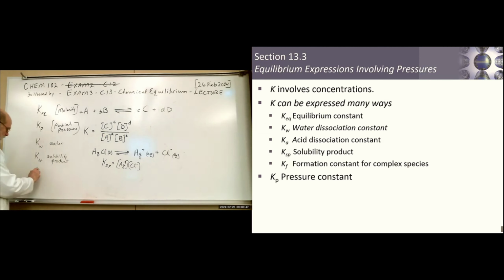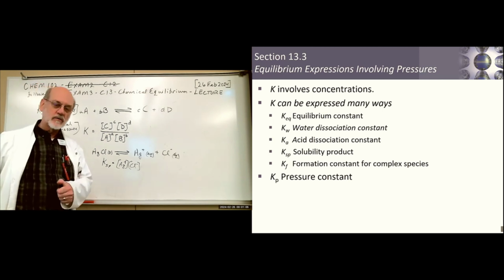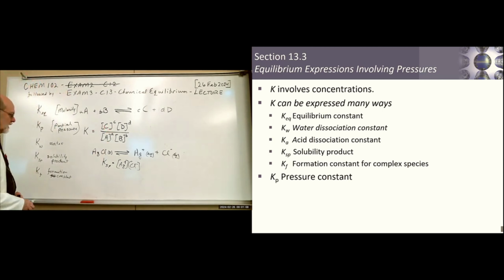And then this one we're also going to do later is the formation constant. This is usually associated with the formation of complex ions. Right, so we'll talk more about that later. In fact, we're going to do a lab on this one.